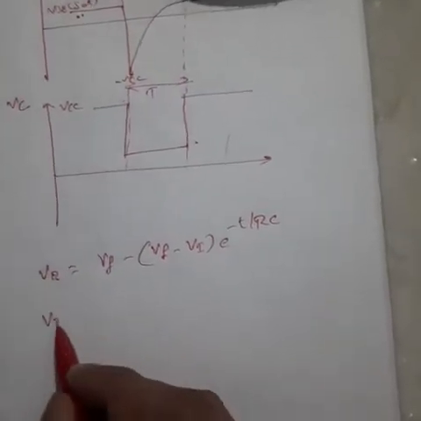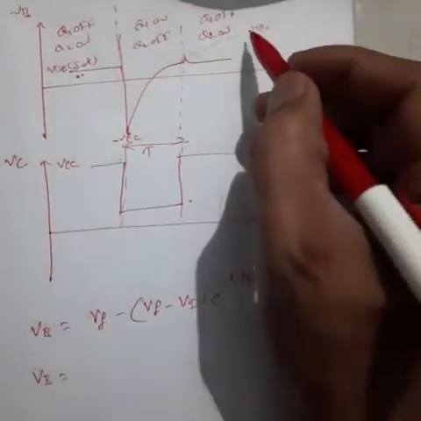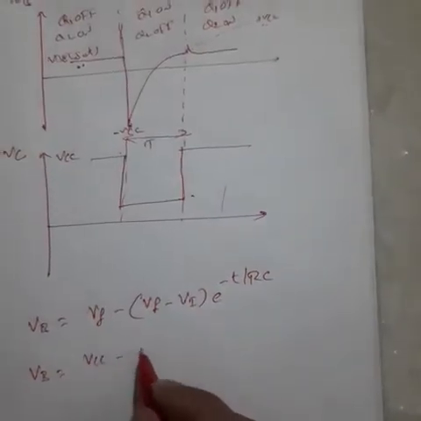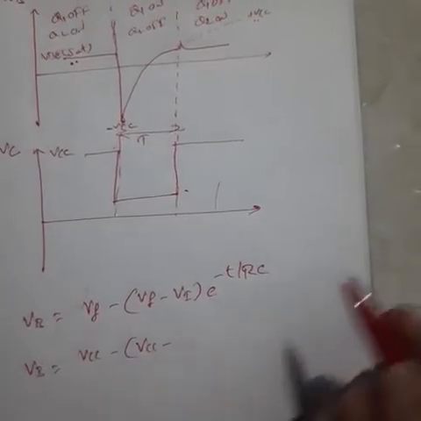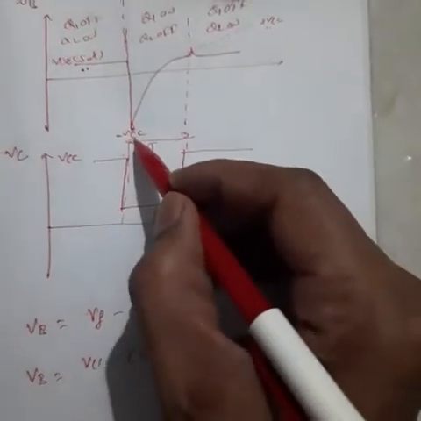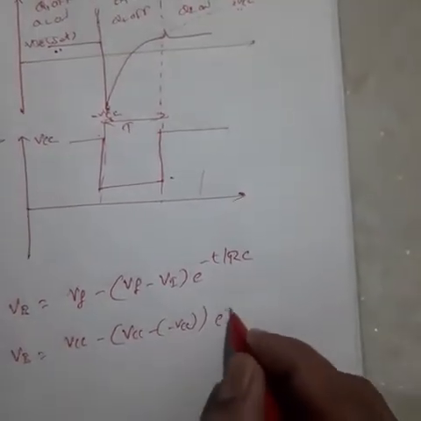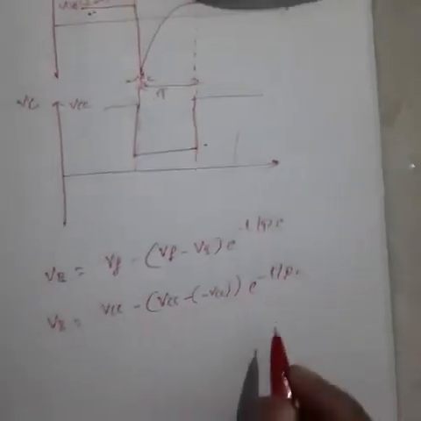This is the standard formula for exponential signals. So VB equals, finally it has to reach positive VCC, VCC minus, initially it starts at minus VCC, into e power minus t by RC.